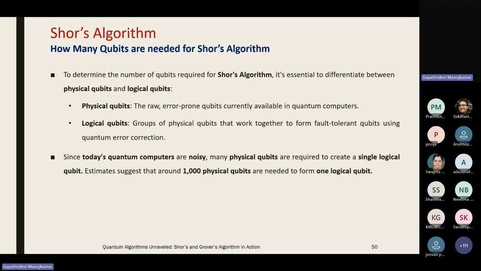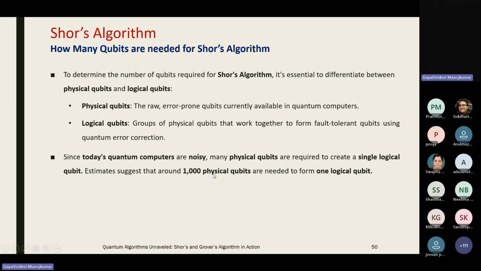But a logical qubit is a fault-tolerant qubit. That is, it is used for quantum error correction. So this can be a group of physical qubits. For example, since today's quantum computers are noisy, we need many physical qubits, so we need a larger number of qubits to create one single logical qubit.